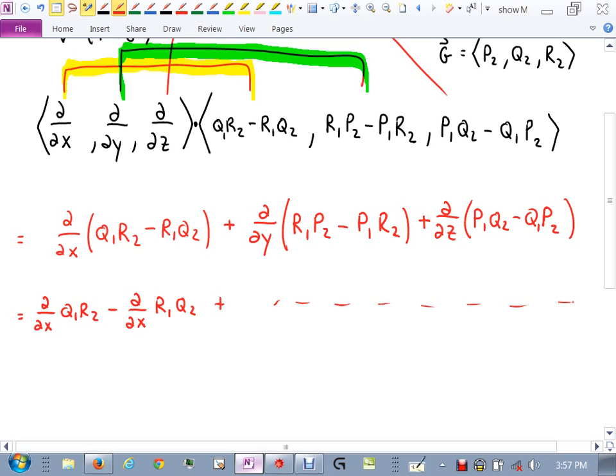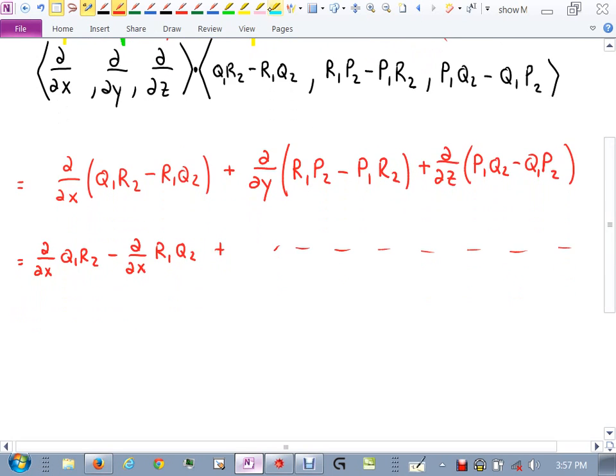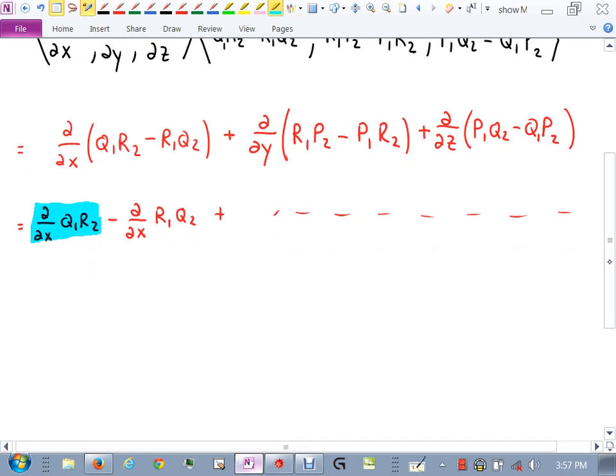Now, what is the derivative of this first piece only? I'm just talking about this guy right here. What's the derivative of that with respect to x?